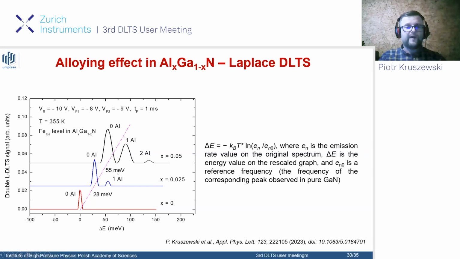So we can expect that if we add 7%, for example, aluminium to gallium nitride, then we will see that the peak should appear around here. So the splitting should shift around 75 or 70 milli electron volt. This is also a very, very nice result.